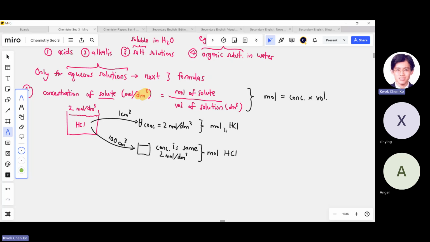It's up to you which version you want to remember. I hope you can see this formula can be rearranged into this version. So I use the formula here. What's the concentration? 2.